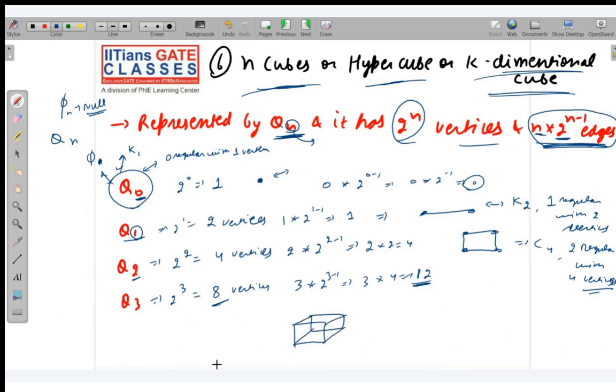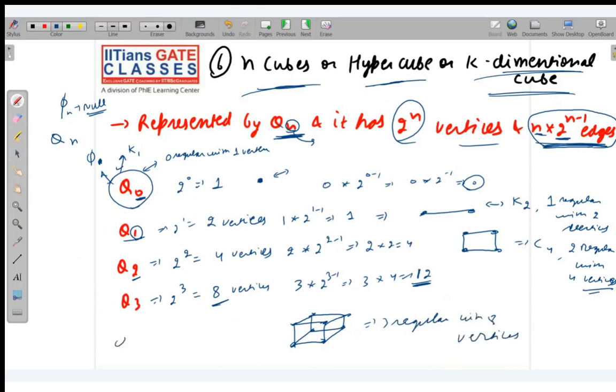Okay, so 1, 2, 3, 4, 5, 6, 7, and 8. You can check it out. So it is what? 3 regular. You can check. So 3 regular with 8 vertices.